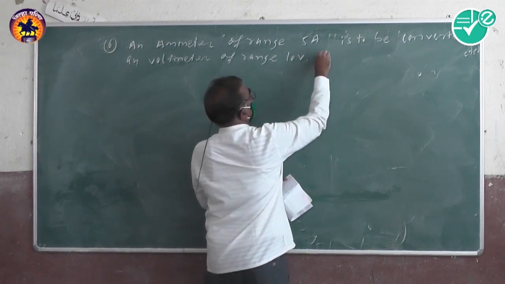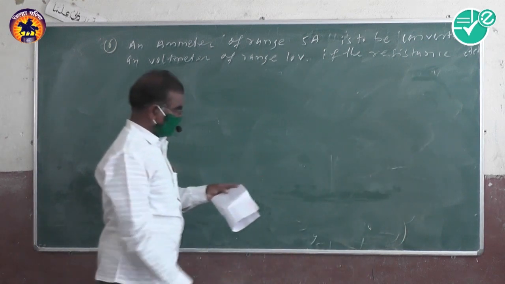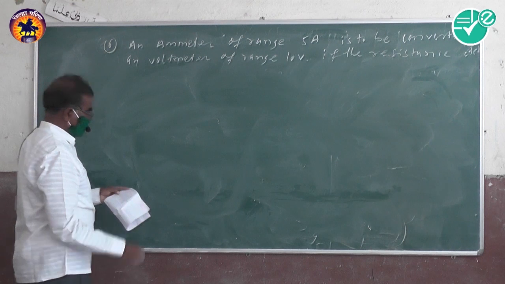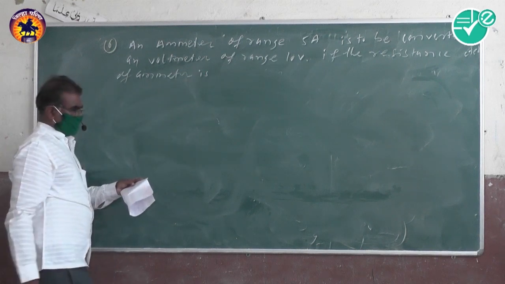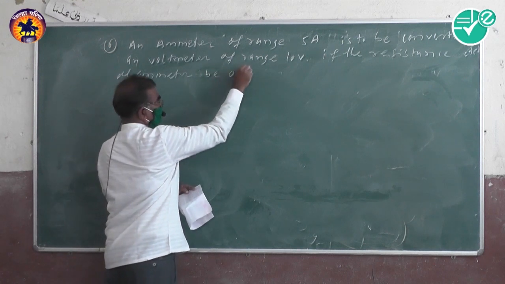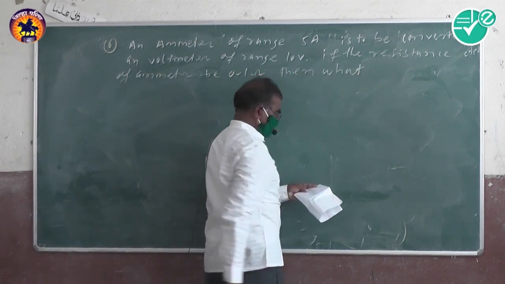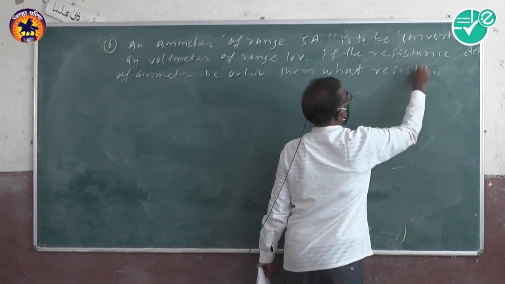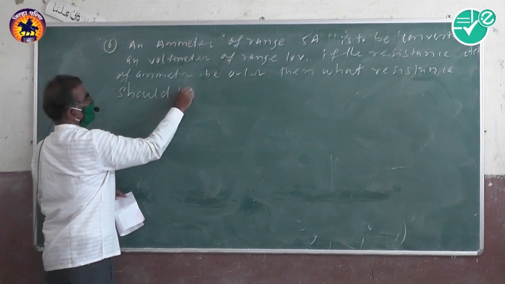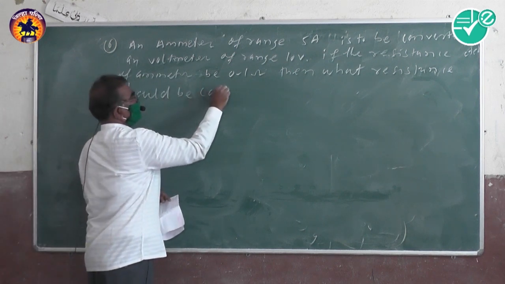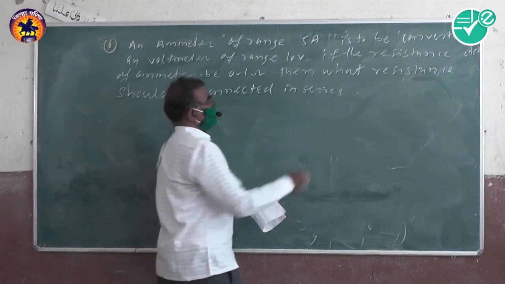If the resistance of ammeter is 0.1 ohm, then what resistance should be connected in series with it?